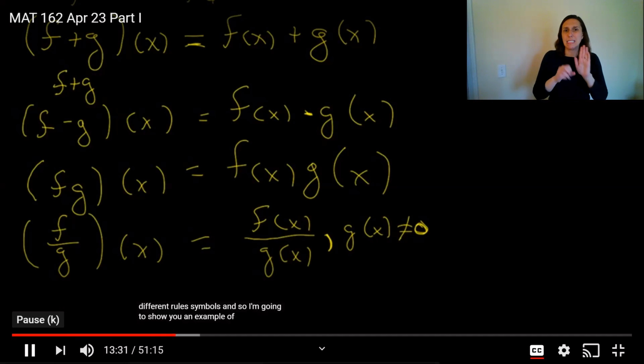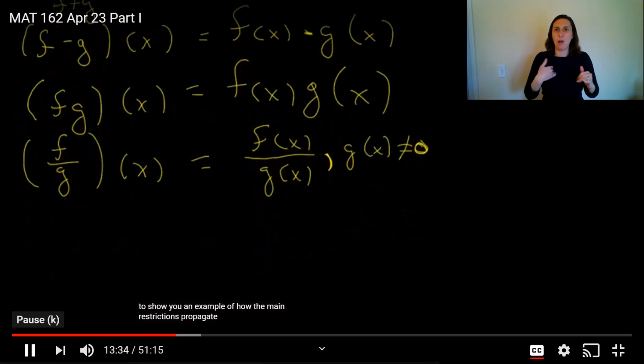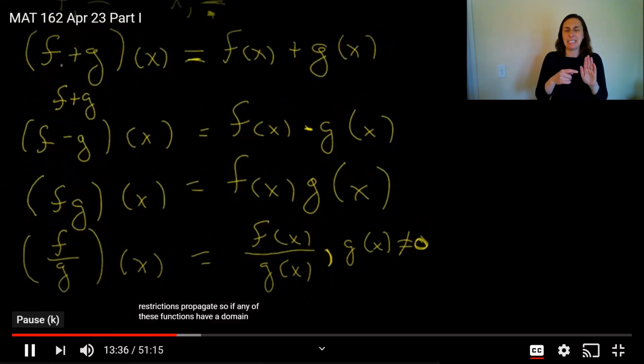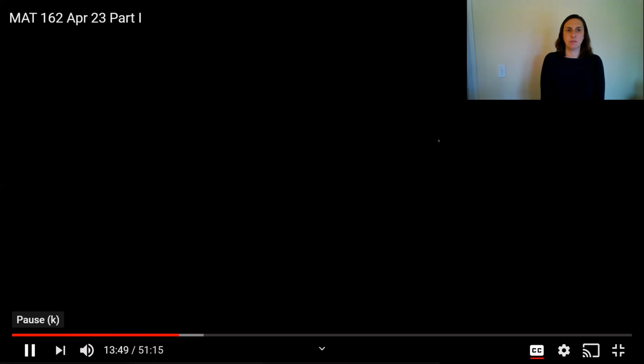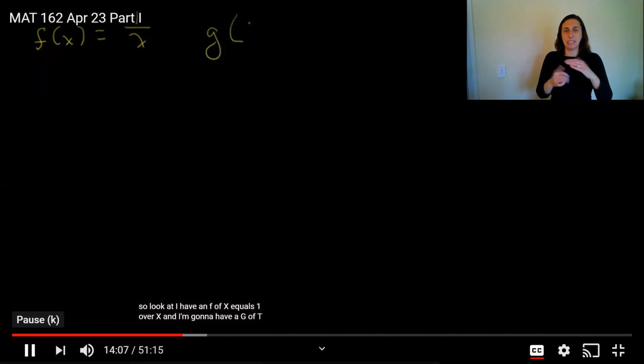And so I'm going to show you an example of how domain restrictions propagate. So if any of these functions have a domain restriction, that restriction will end up applying to the new function. So let's look at this. We'll look at, I have an f of x equals 1 over x, and I'm going to have a g of t.